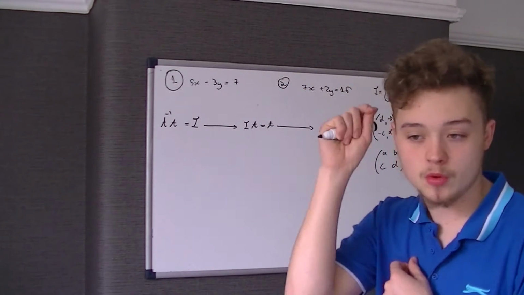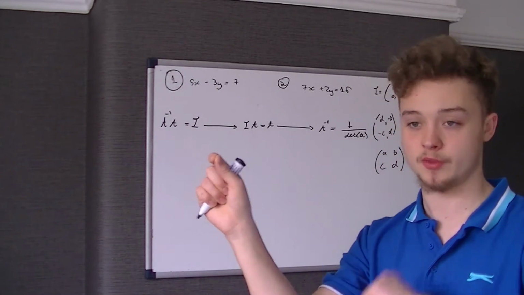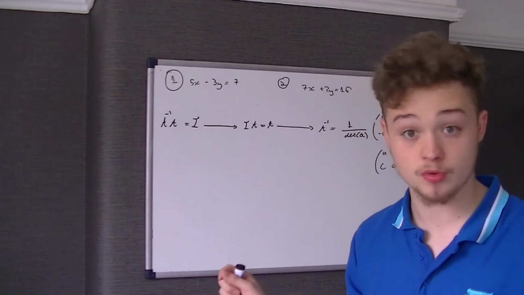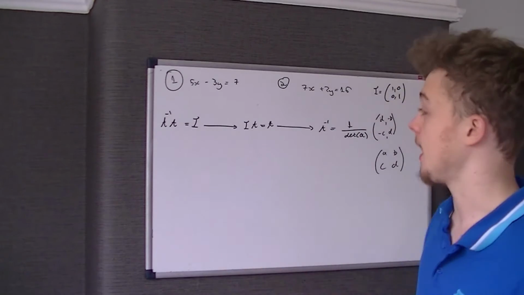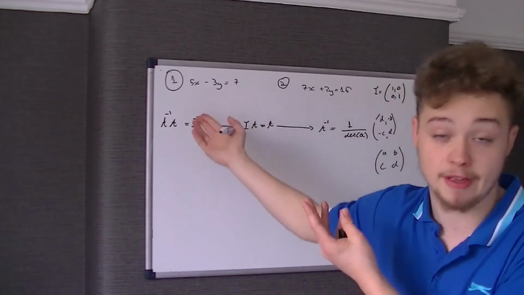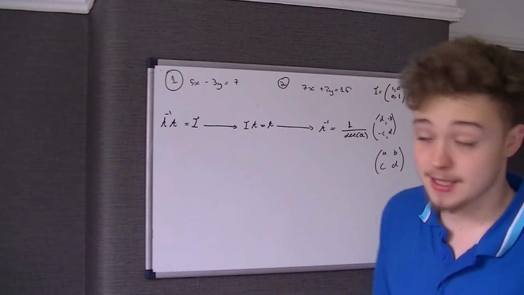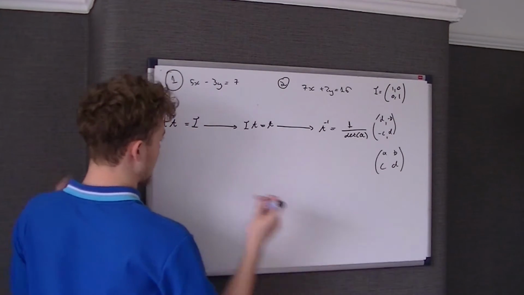When we do column times row, we do the first part of the first column times the first part of the first row of the other matrix, and basically we add them together. In essence we've taken them away, but that's because we've got a negative here. When you add a negative, you take it away. Hopefully that made some sense.